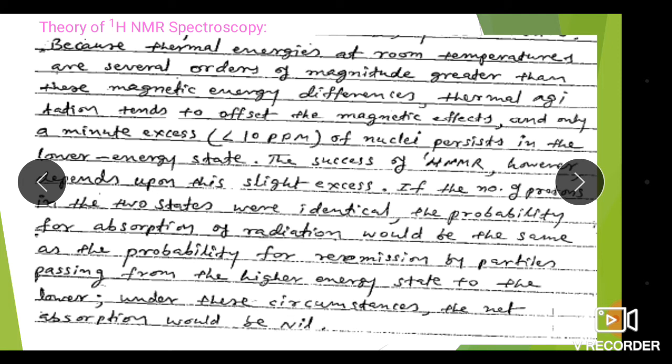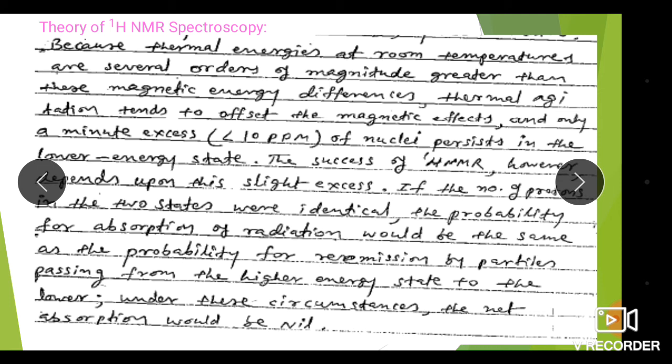If the number of protons in the two states were identical, the probability for the absorption of radiation would be the same as the probability for re-emission by the particles passing from the higher energy state to the lower energy state. Under these circumstances, the net absorption would be nil.